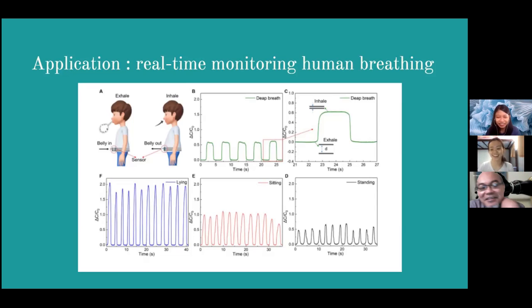I was wondering myself why they put it on the belly instead of the chest. Actually, they didn't say about it. But maybe it's more comfortable than wearing it on your chest.